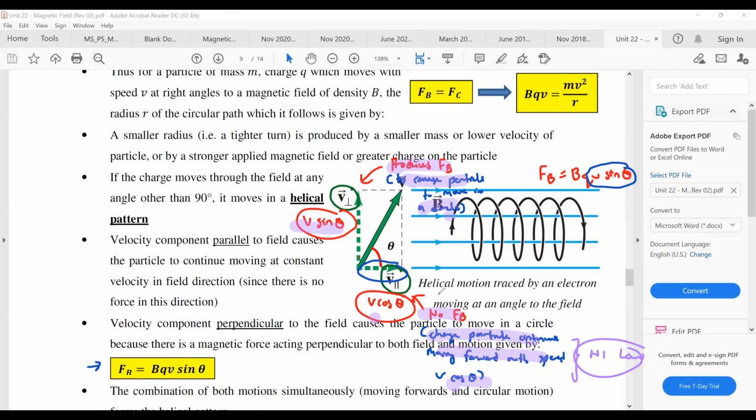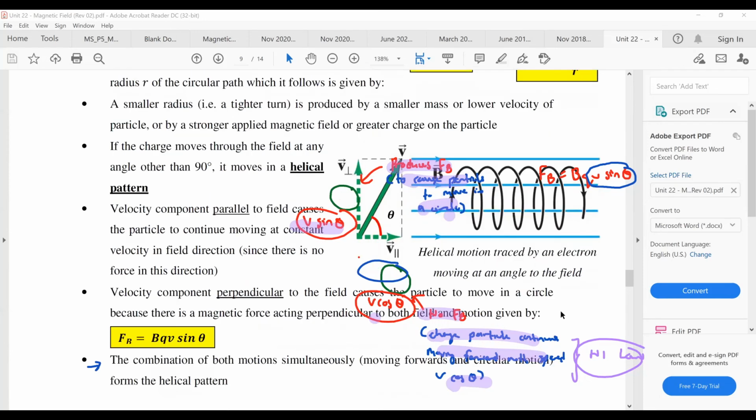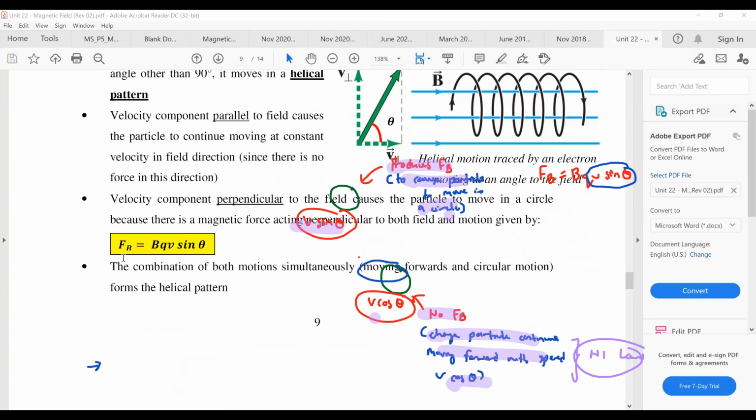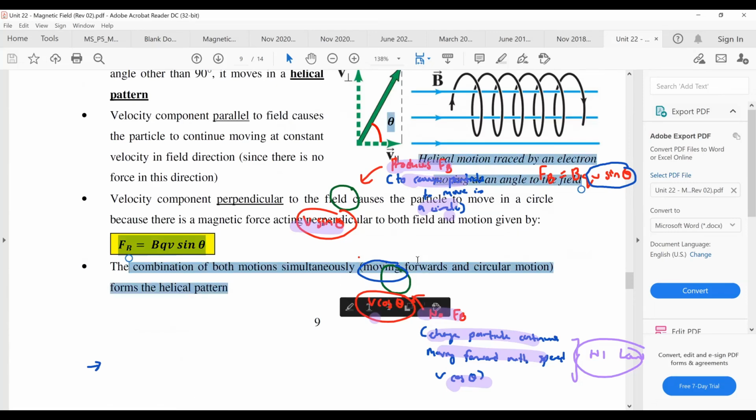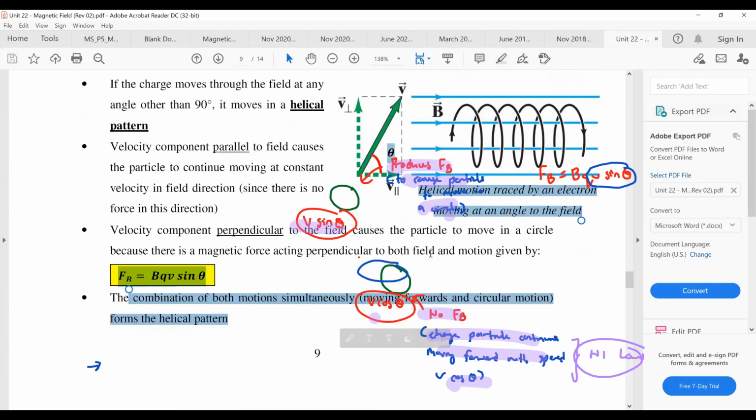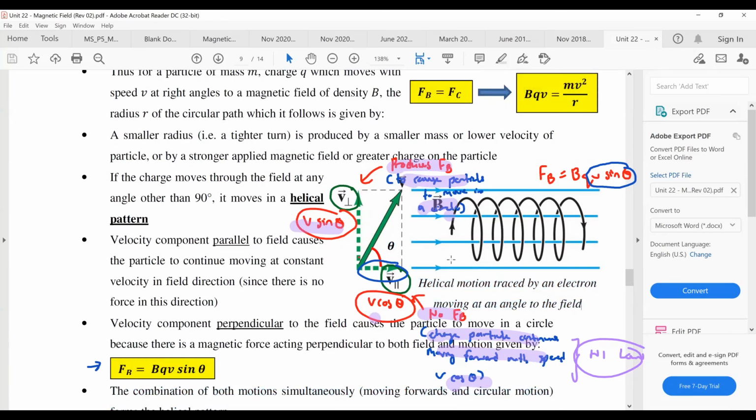The combination of these two motions simultaneously is what causes your helical pattern.